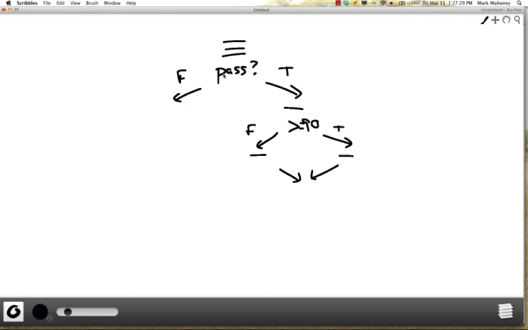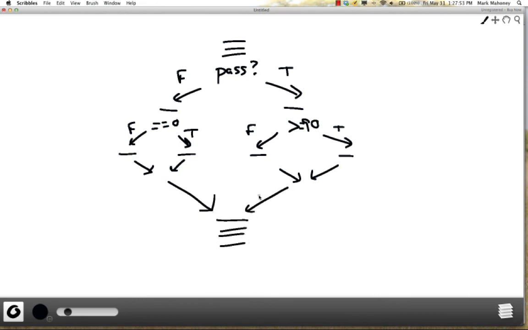Okay, the people who did not pass, right, we did a check. We printed out that they didn't pass, and then we said, was their grade exactly equal to 0, meaning they didn't turn anything in? Or did they turn something in and it was just poor work? Okay, so this is that nested if, and you can see there really are 4 paths through this code.